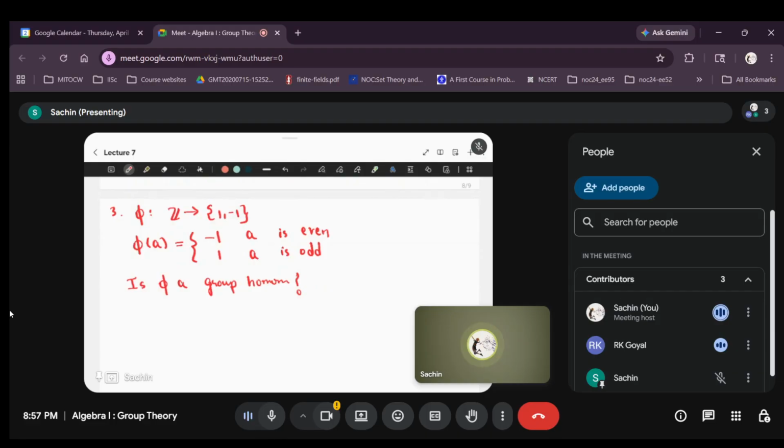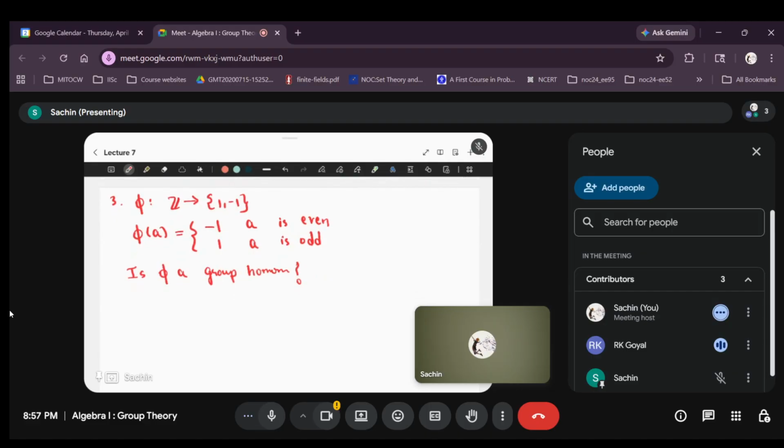Multiplication, same thing as previous. So it's not a homomorphism.